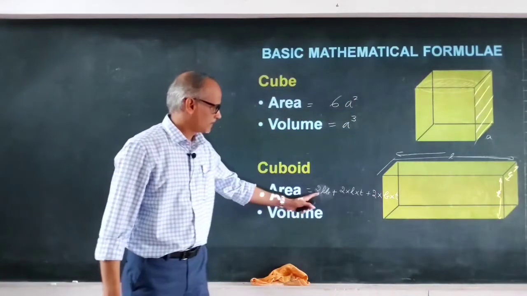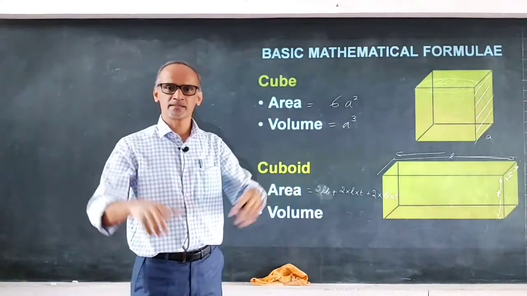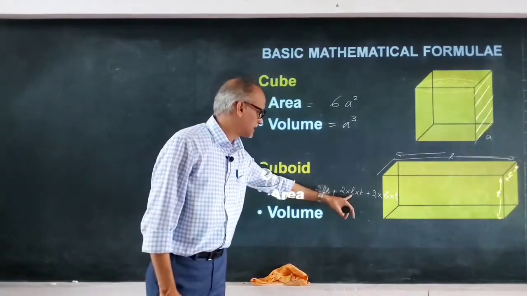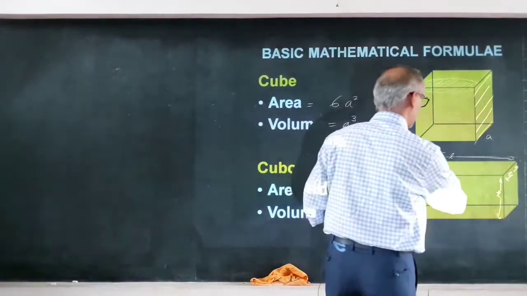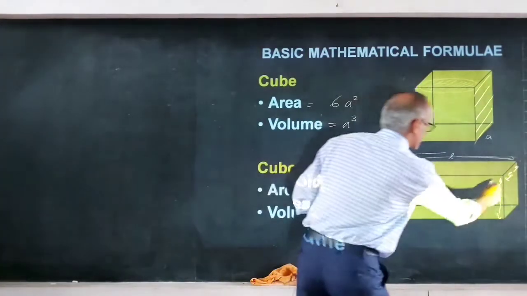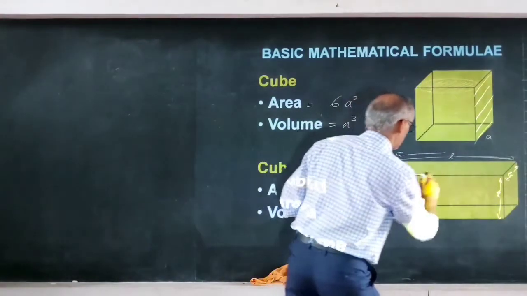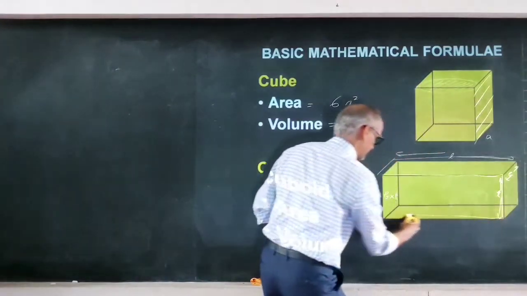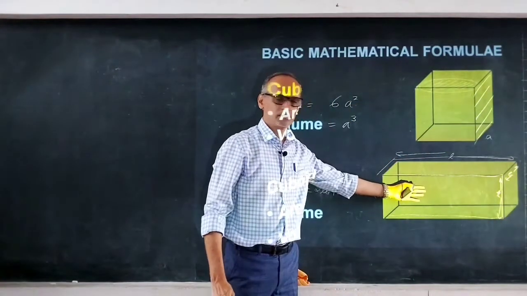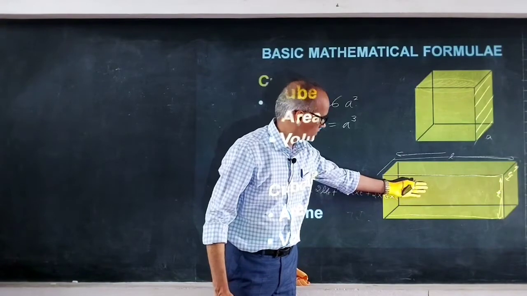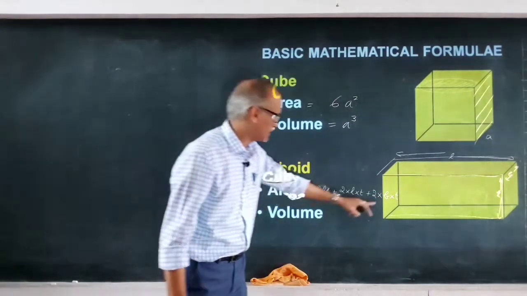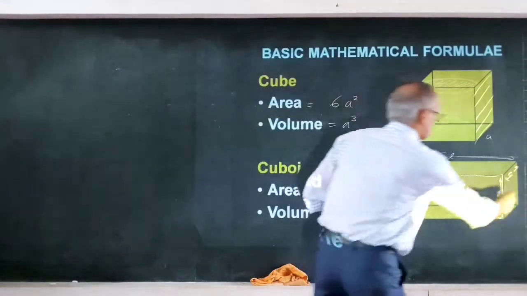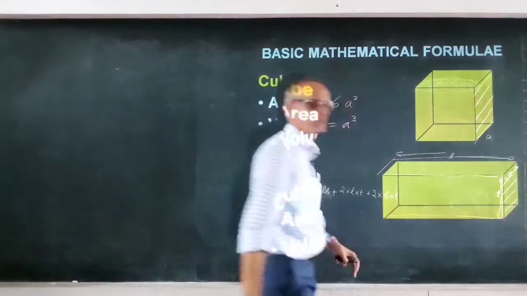Understood? Length into breadth, one face. Then length into thickness, that is here, which is L, that is this face. See here, this one. L into T. Correct? The face which is nearest, that is the one which is L into T. Similarly on the other side. And then B into T, that is this face, B into T. Okay.